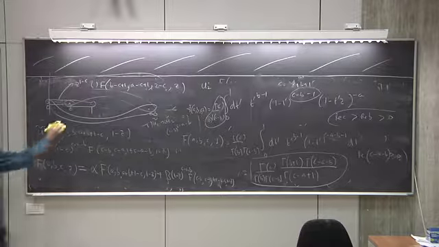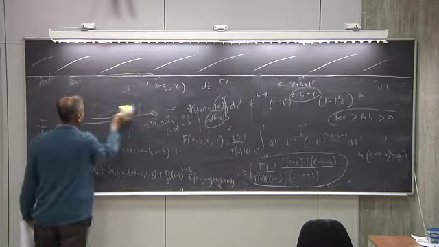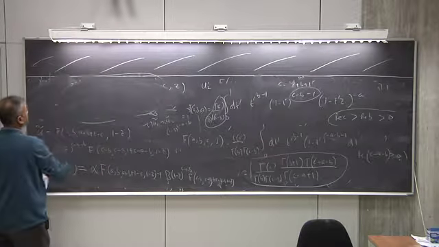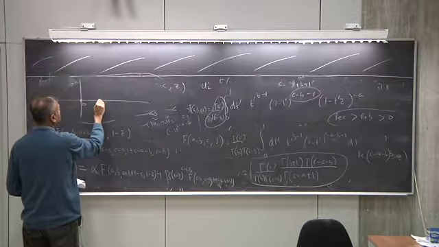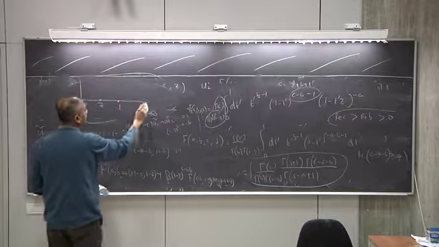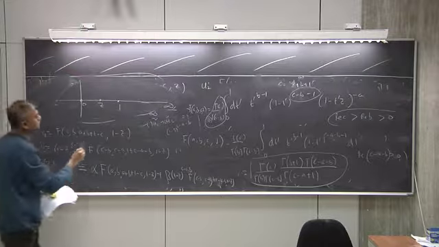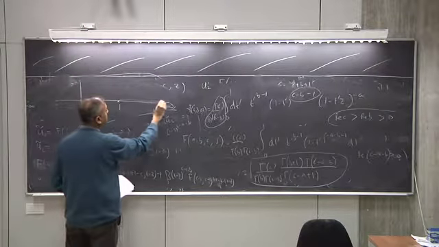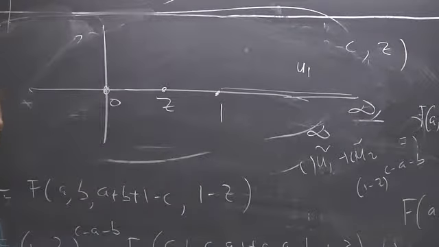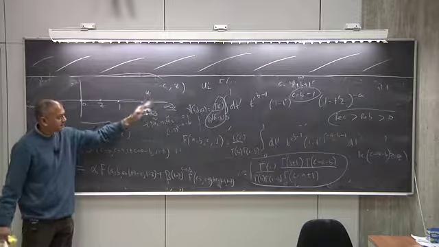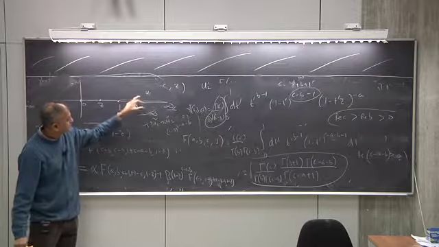Another way to do it is simply by deformation of the contour. For example, if I look at 0, z, 1, and infinity, and here's also minus infinity, then this contour integral gives you something proportional to u1. There are some gamma functions in this proportionality, but it's some number times u1.